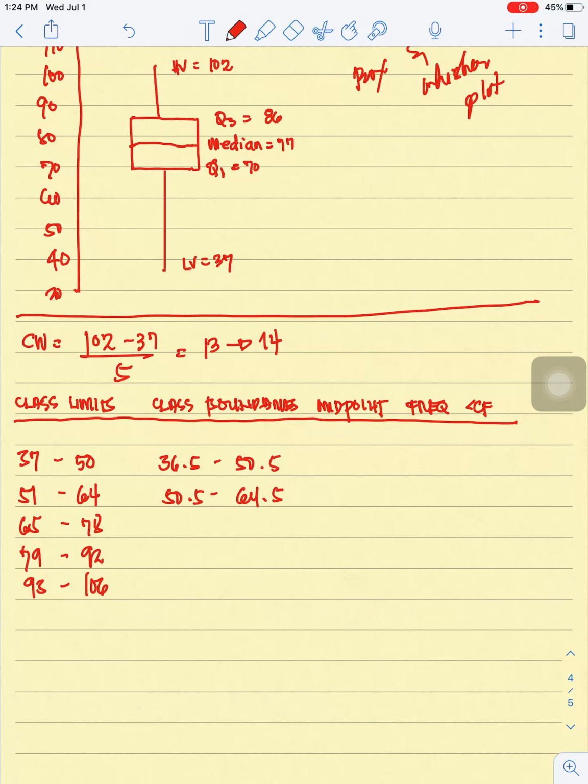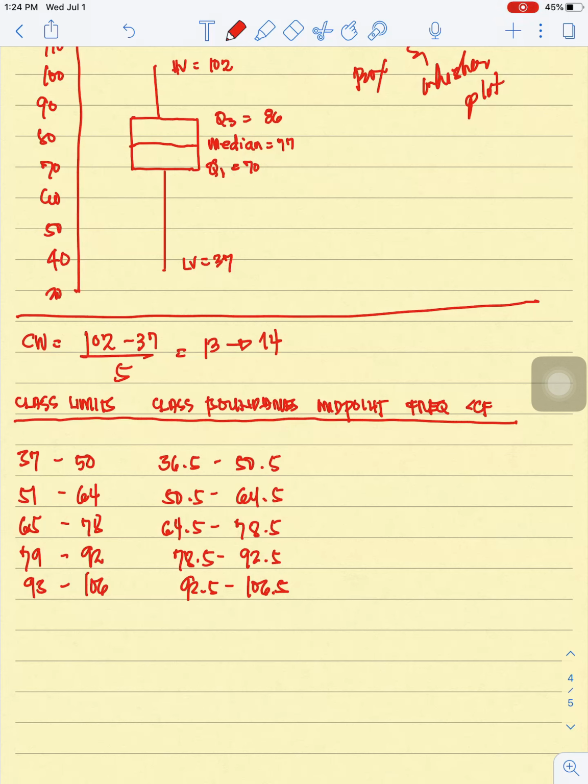Then 64.5 to 78.5, 78.5 to 92.5, 92.5 to 106.5.